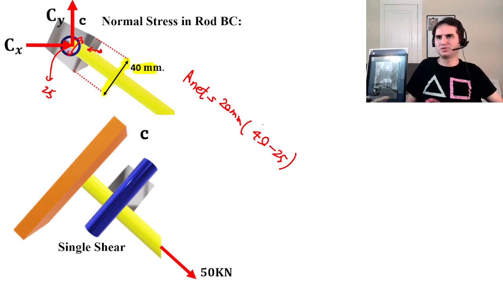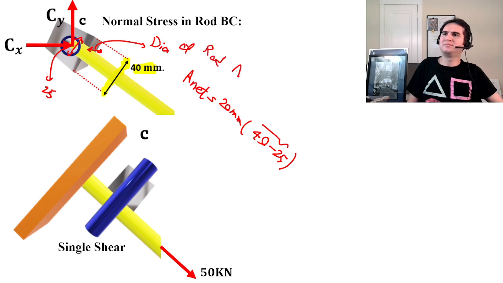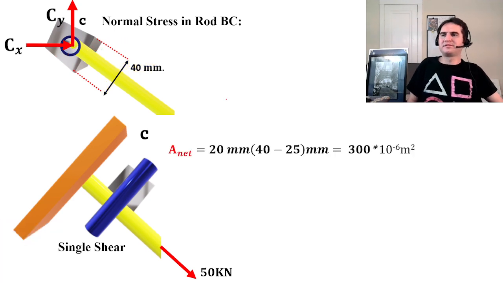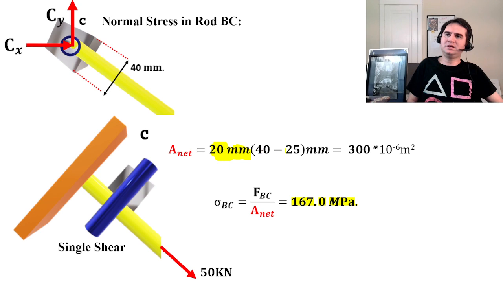close to the support. So that's 40 minus 25 times 20 millimeters, where the thickness is the diameter of rod BC. That's our net area. So A net is again 20 millimeters times 40 minus 25, which gives you 300 times 10 to the negative 6 meters squared.